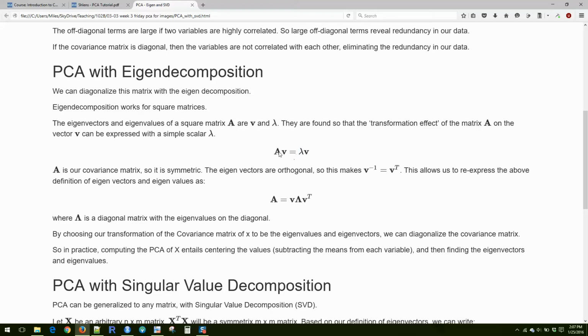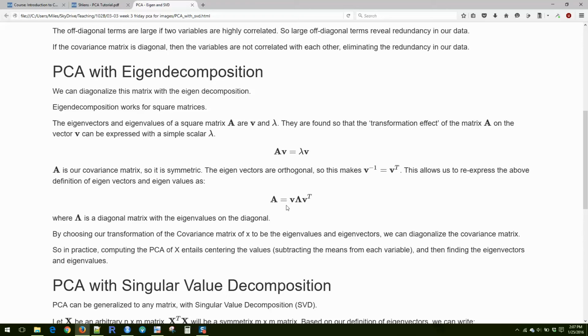Okay, so normally it's the matrix A multiplied by the vector V becomes a scalar times V, but if we want to just decompose A into different parts, we take the scalars lambda and we put them down the diagonal of the lambda matrix here.